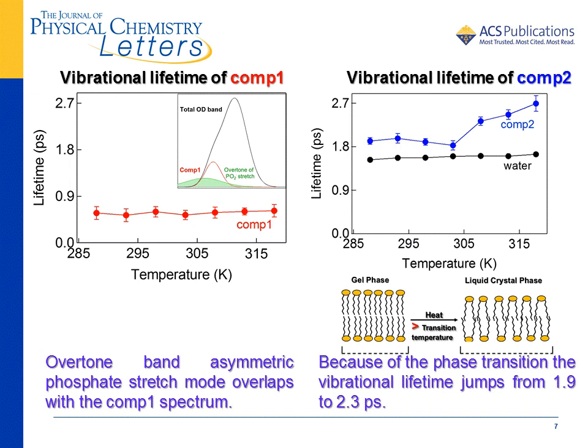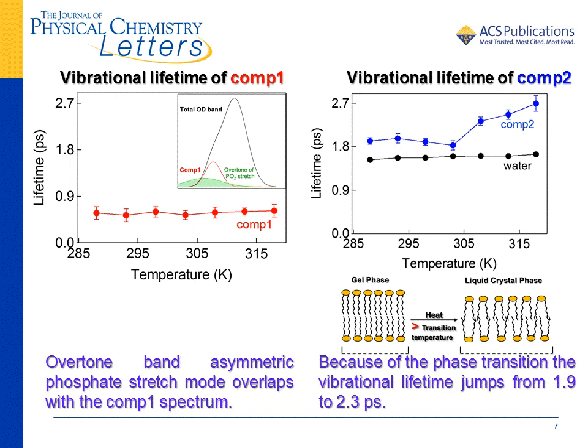The fact that the vibrational lifetime of component 1 is constant throughout the experimental temperature range, even though component 1 is blue shifted with increasing temperature, can be explained by noting that the spectral overlap between the component 1 spectrum and the vibrational density of states of the overtone of the asymmetric phosphate stretch mode changes little, as the asymmetric phosphate stretch IR spectrum is independent of the temperature.